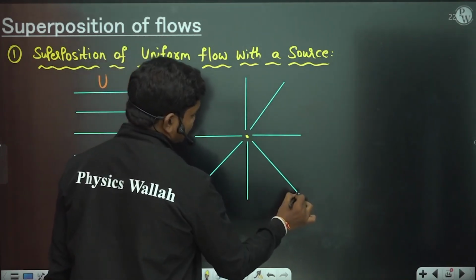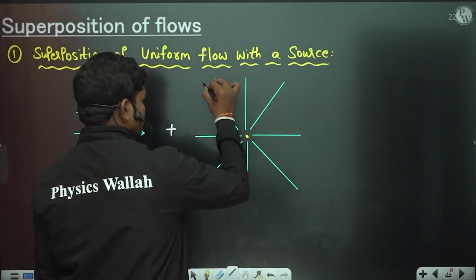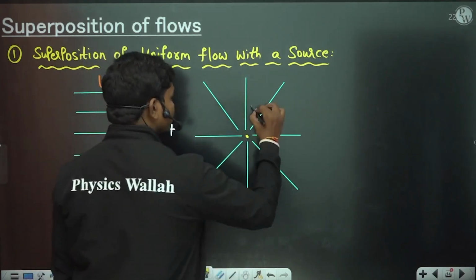So you have a source like this, from which there is some fluid flow.